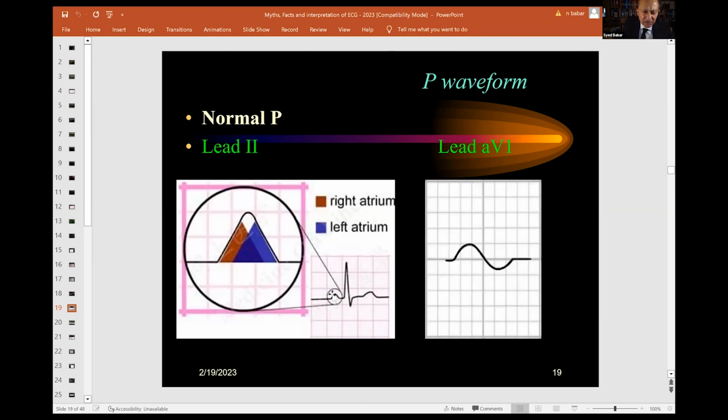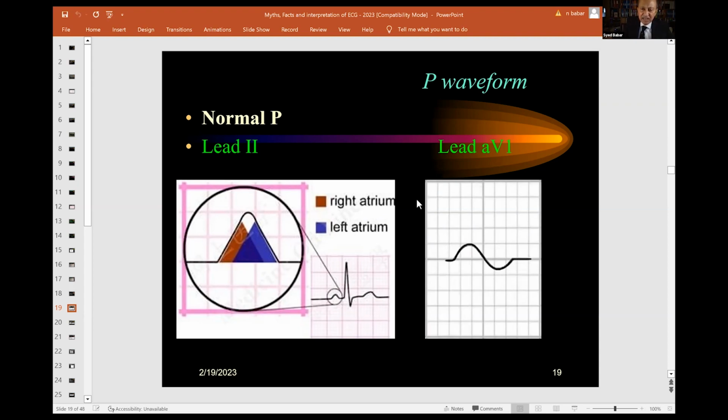So this is the P wave, and the first part of the P wave, which is the early part of the onset, is right atrium, and the second part is made by the left atrium. So therefore, in lead 2, you see an upright P, which comes down into near the QRST complex.